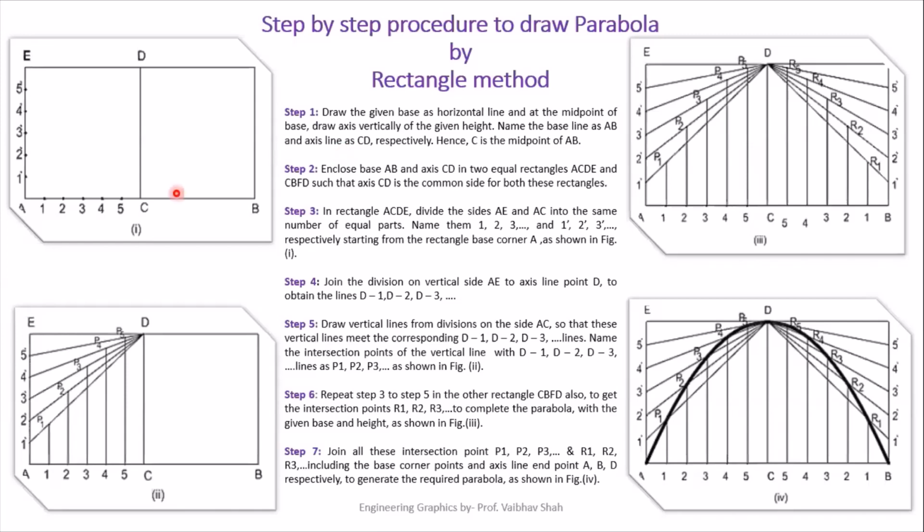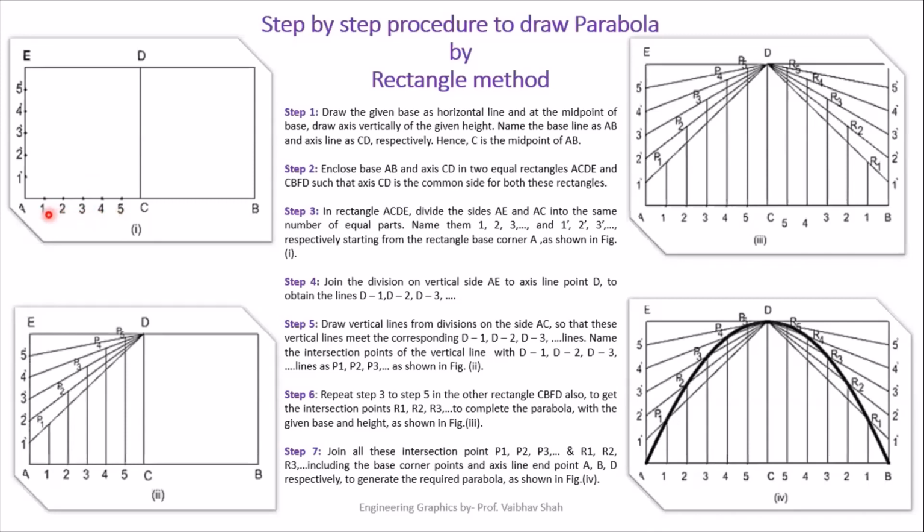So first of all, draw the given base as a horizontal line and find out the midpoint of that base, shown here as point C. Now from this point C, you have to draw the axis or the height of the parabola by this vertical line CD. And after getting this vertical line, you will be constructing a rectangle which will be used to draw the parabola in it.